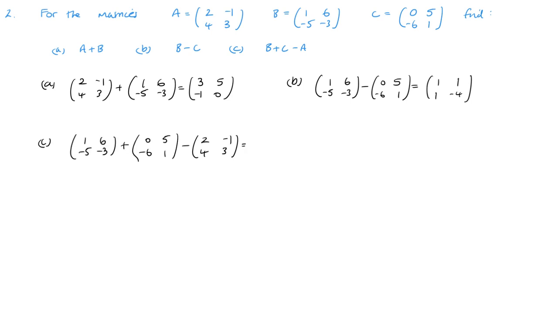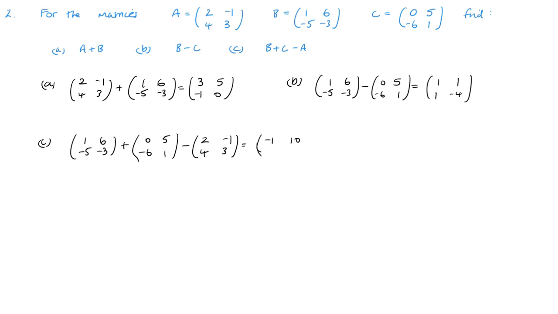I could do the adding first to get a single matrix and then take it away, or I could do it all in one go. So 1 plus 0 is 1, minus 2 is minus 1. 6 plus 5 is 11, minus 1 is 10.